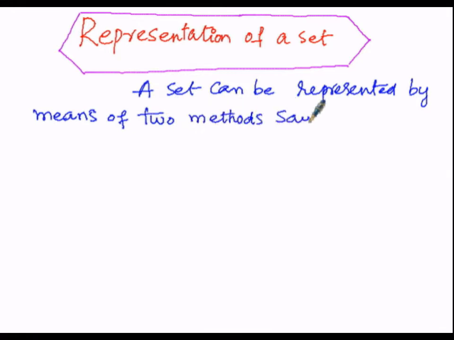Number one, the listing method, or in other words, the roster form.